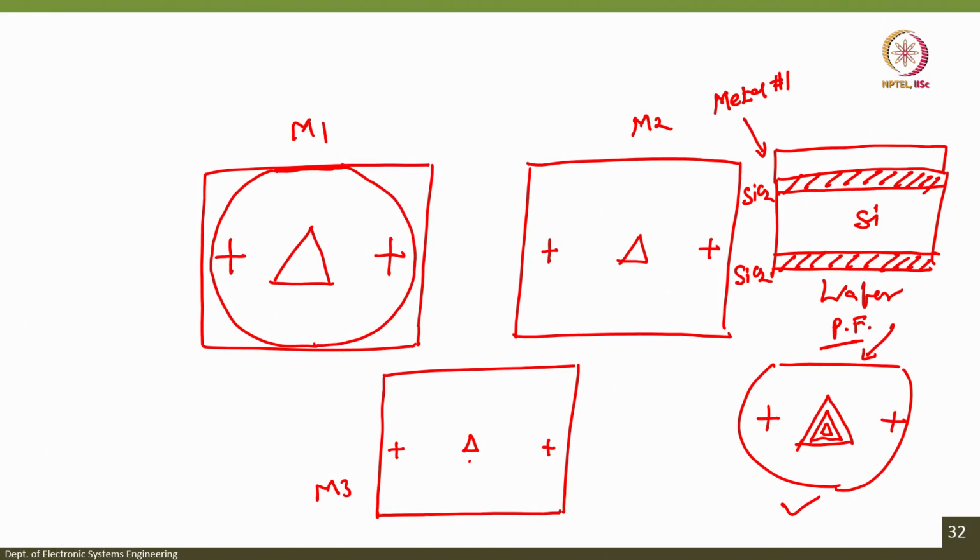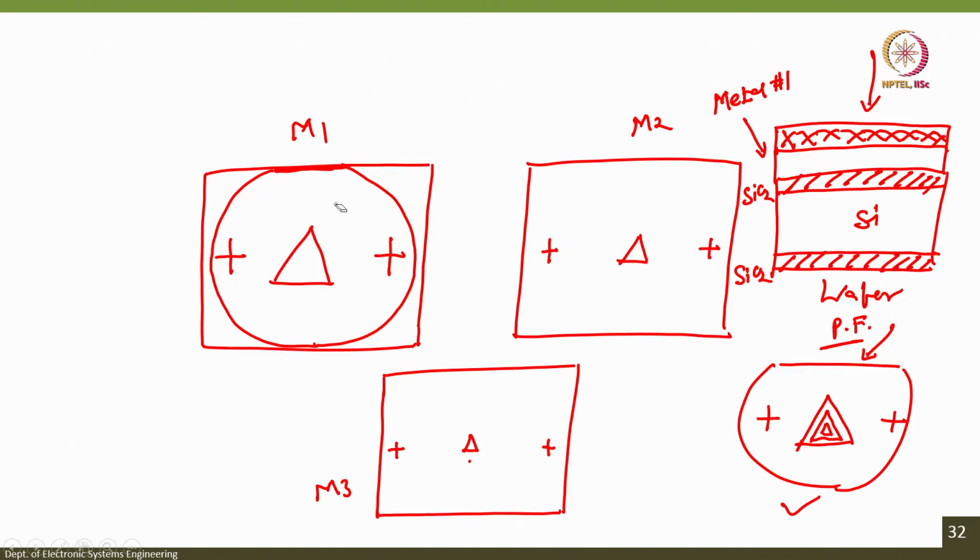What does it mean? That I have a wafer with metal 1 and my photoresist on metal 1. So, this wafer would have photoresist below which there is a metal, you assume like that, right. This is how it is. I am not drawing it here, just to make you understand.